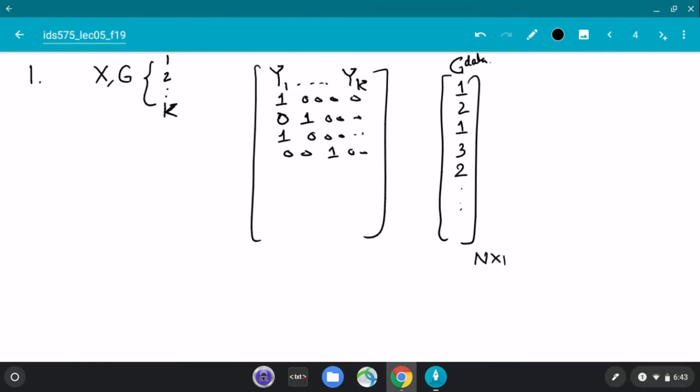Once you do this one hot encoding, you regress x on y1, regress x on y2, regress x on y3, and so on. So you have K regression problems, and you just solve K regression problems. Let's call the models beta hat k transpose x for the kth class, where this is little k.